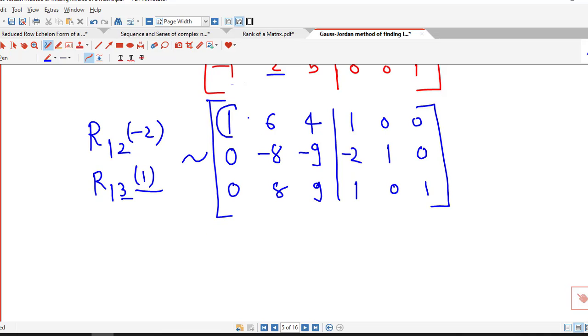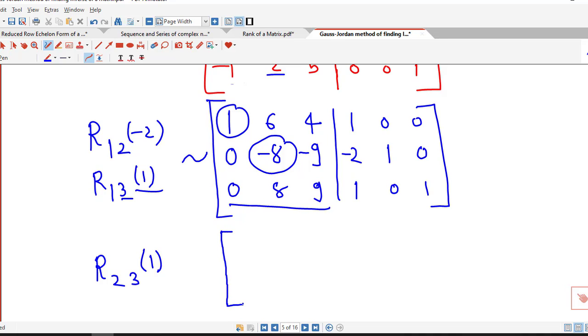Now we concentrate on the first non-zero entry of the second row. We have to make it 1. But before making this 1, we can see that if we add the second and third rows, we will obtain a 0 row. If we multiply the second row by 1 and add it to the third row, we will obtain a 0 row here.